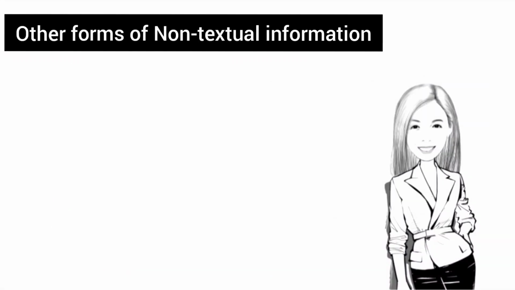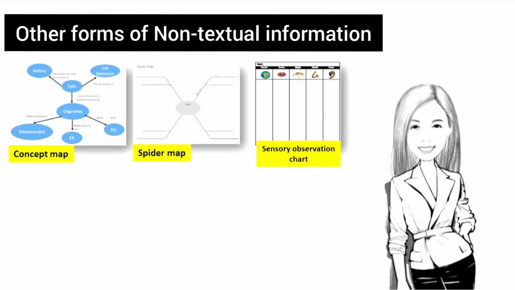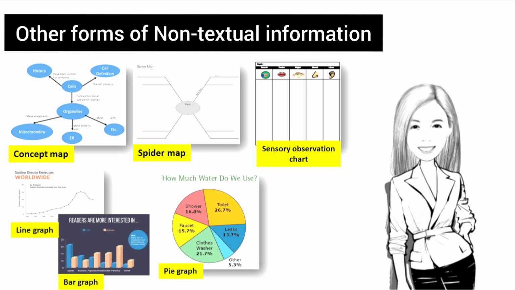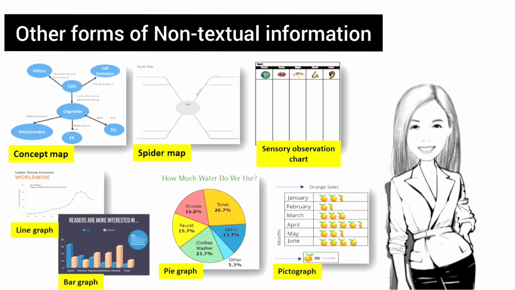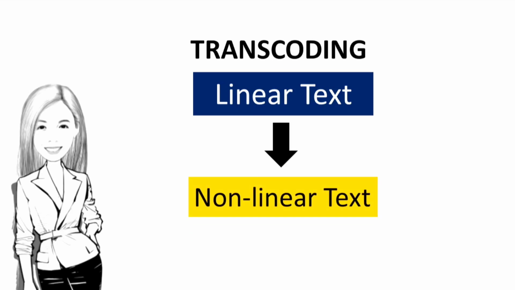Other forms of non-textual information include concept map, spider map, sensory observation chart, line graph, bar graph, pie graph, pictograph, and other related images. Now, we're going to learn how to transcode linear to non-linear text and vice versa.